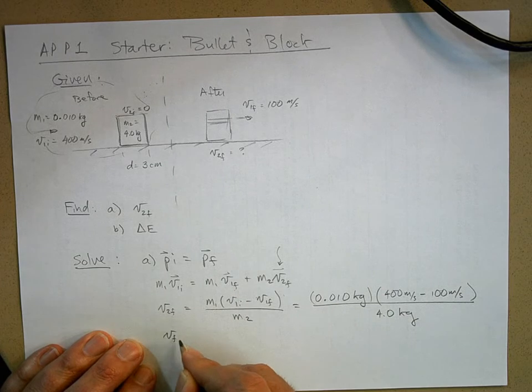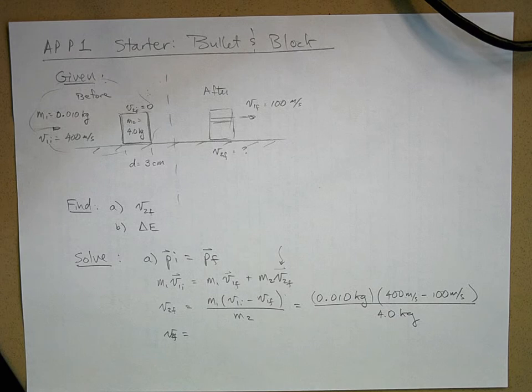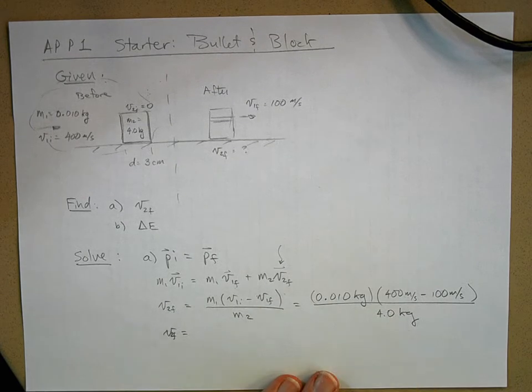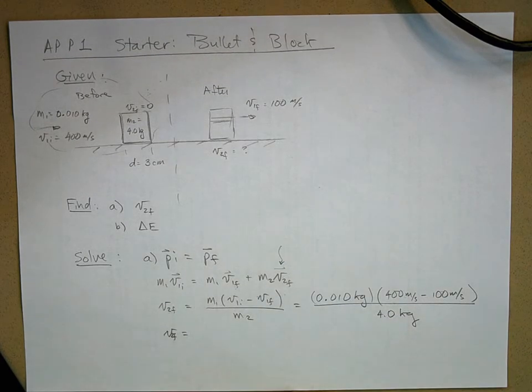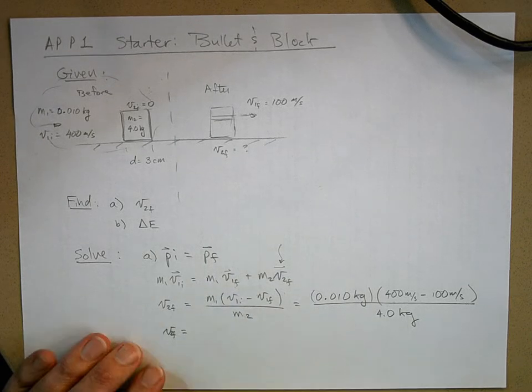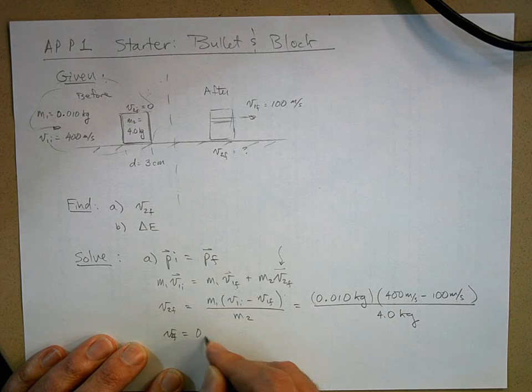So V2 final, when I plug all that in, that's 300 times 0.01 equals 3, divided by 4. And I got 0.75 meters per second. Did you get that? If you got that pretty easily, then that's good.